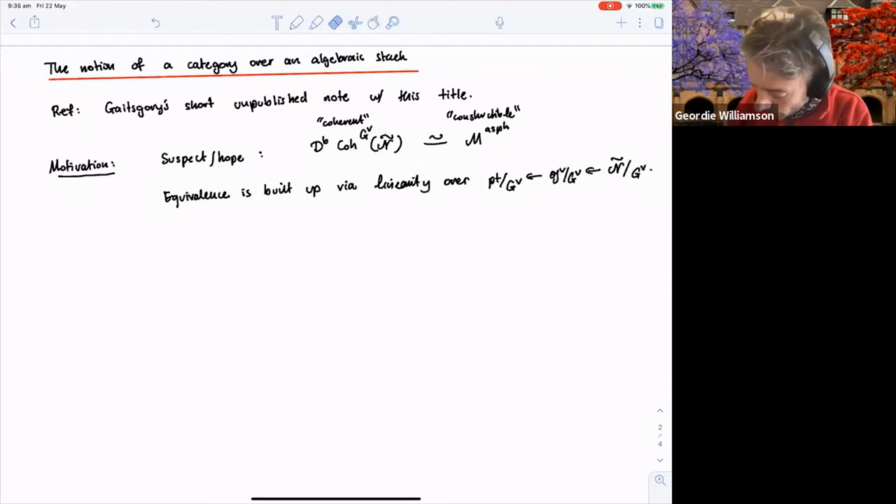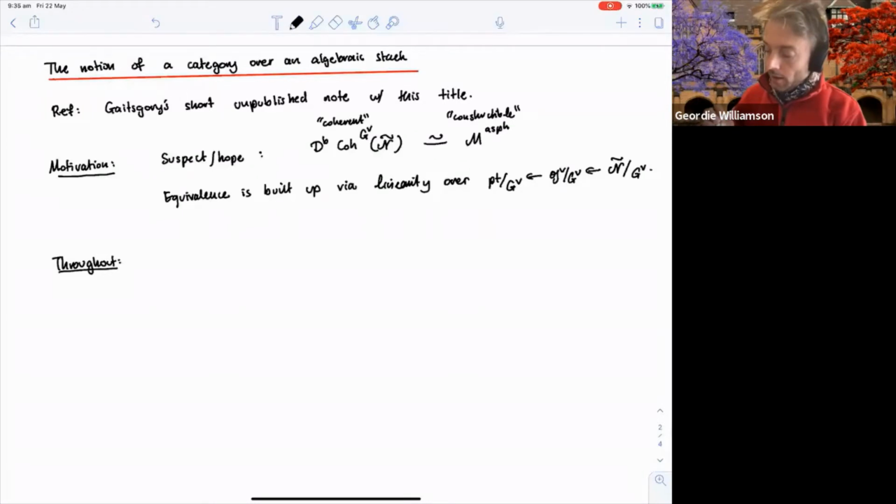So the setting throughout is C. At the start of this note, Gaitsgory says the purpose of this note is to explain the intuitively clear and probably well understood notion of what it means for an abelian category to be linear over a stack.